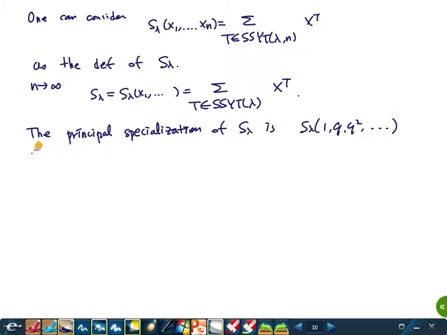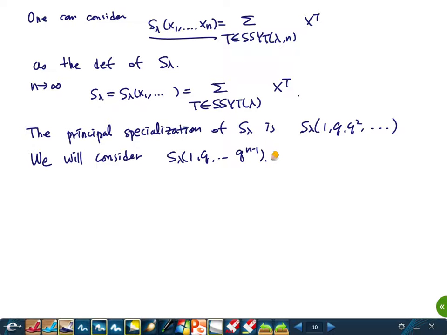So we will consider this as s lambda of 1, q, ..., q to the n minus 1. That's the principal specialization of this thing. So we have only one variable here, q.